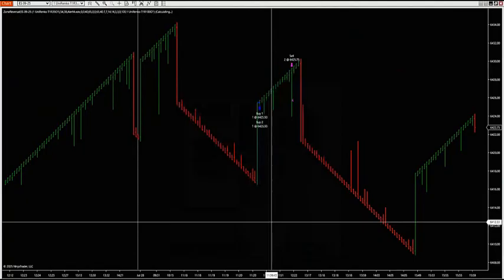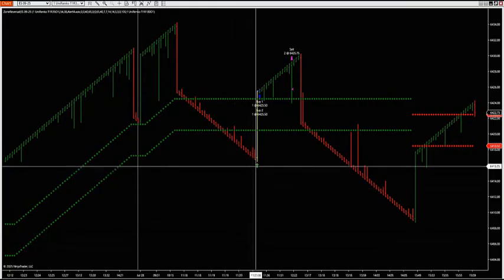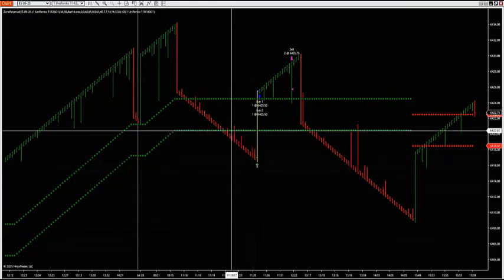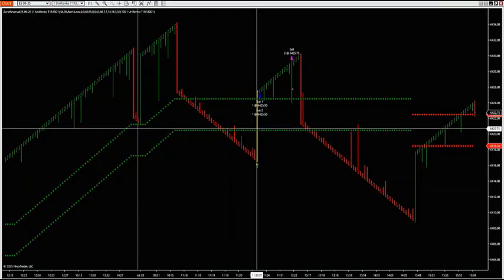It's automatically going to come up with your zones, and it's going to come up with a reversal candle and the arrow. So now you have an indicator that's going to tell you exactly where the strategy would go long or short. You see how it popped up right there for you, Chris? You got your buy zones and your sell zones, plus you got your reversal candle that automatically comes up.